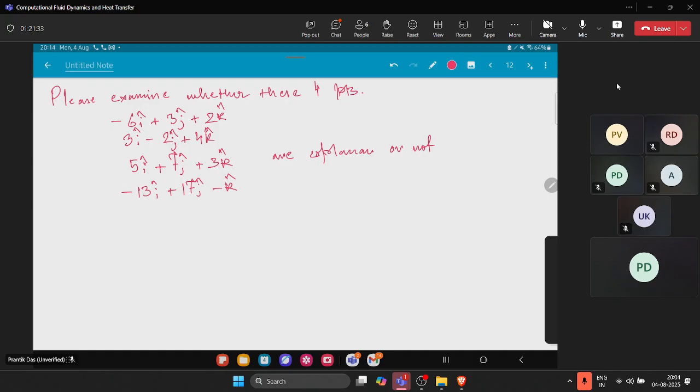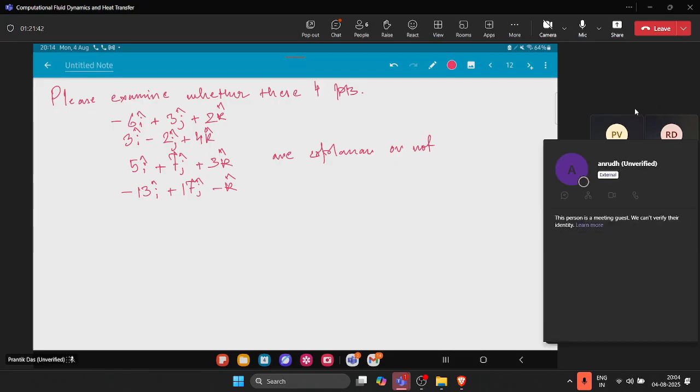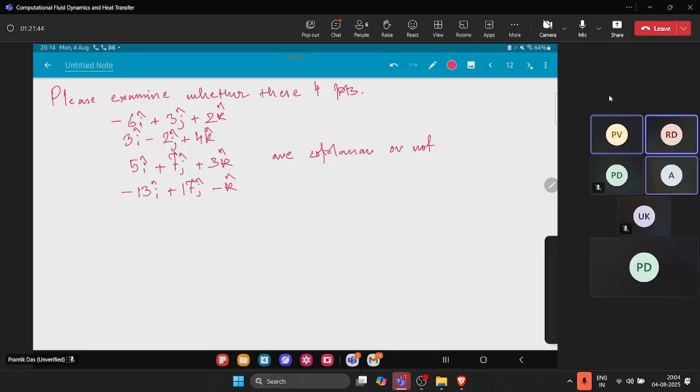Is it clear to all of you? Hello, am I audible? Rushikesh, Anirudh, Utkarsh. Okay. What you have to do is find this. This is your OA vector, OB vector, OC vector and OD vector.